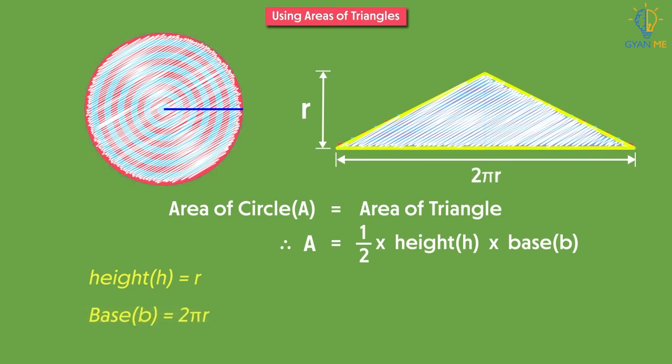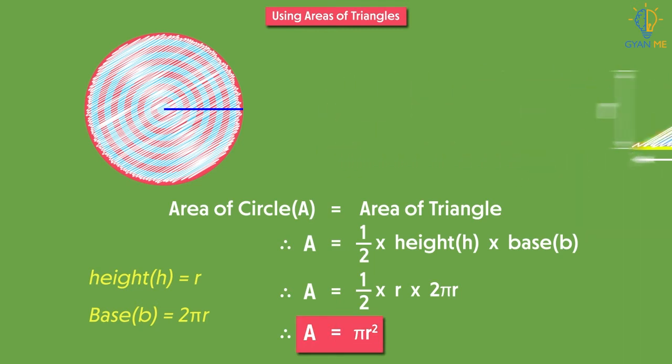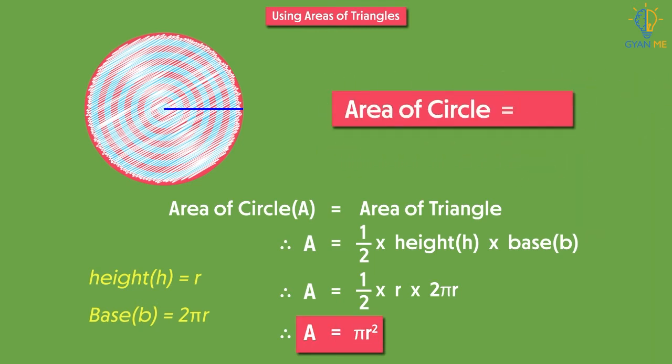On substituting the value in formula, we get A is equal to 1 upon 2 into r into 2 pi r, which gives us A is equal to pi r square. Therefore, we can say that area of circle is equal to product of pi and square of its radius, that is pi r square. Now, let us solve some examples related to it.